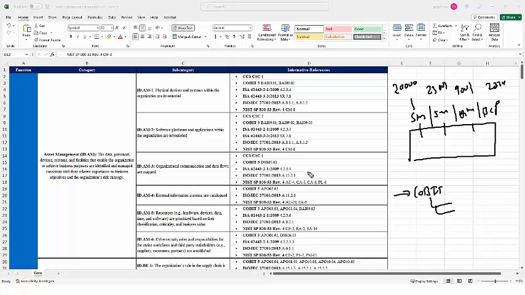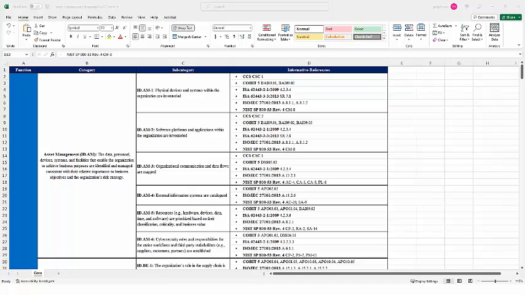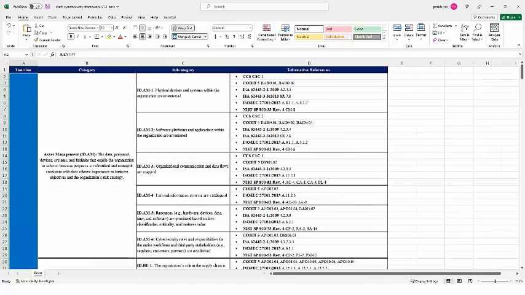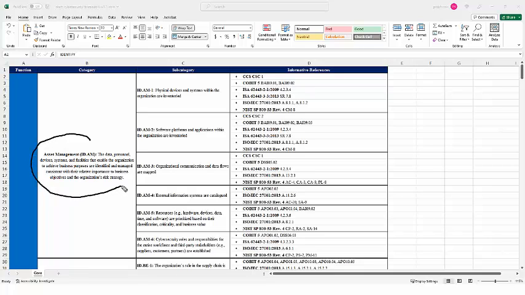If you look at this diagram, the clarity is that we're going to cover the identify function. Under identify we have a subcategory which is called asset management. Now the question is, in order to start cybersecurity in any organization, the first thing we need to know is what we have and what we need to protect. According to NIST, the first step is also asset management.